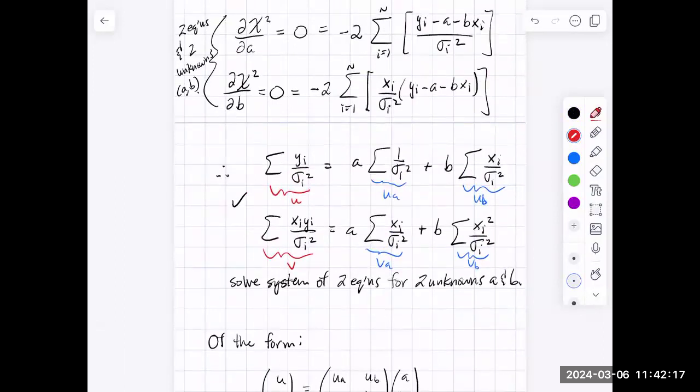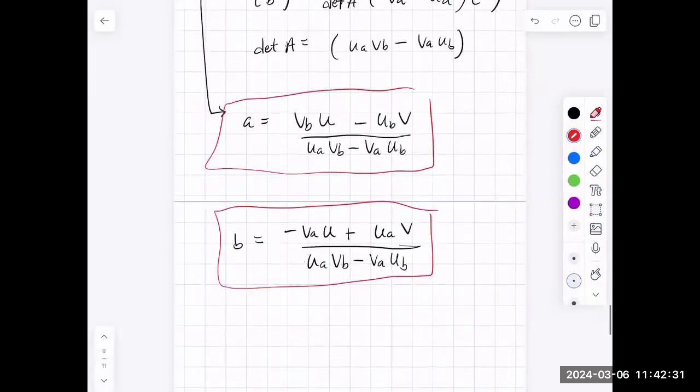We have all these definitions for the U's and V's. I won't scroll up and down constantly to look them up. I'm just going to write down what our solution for A and B are in terms of these sums.